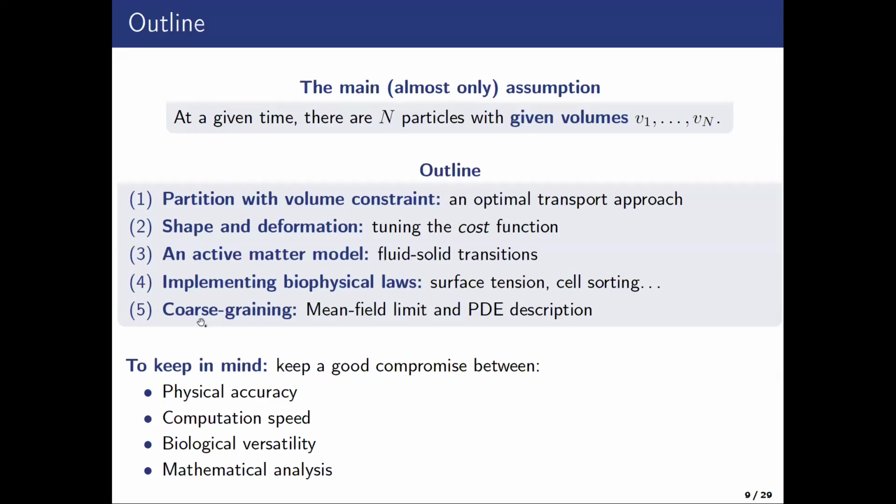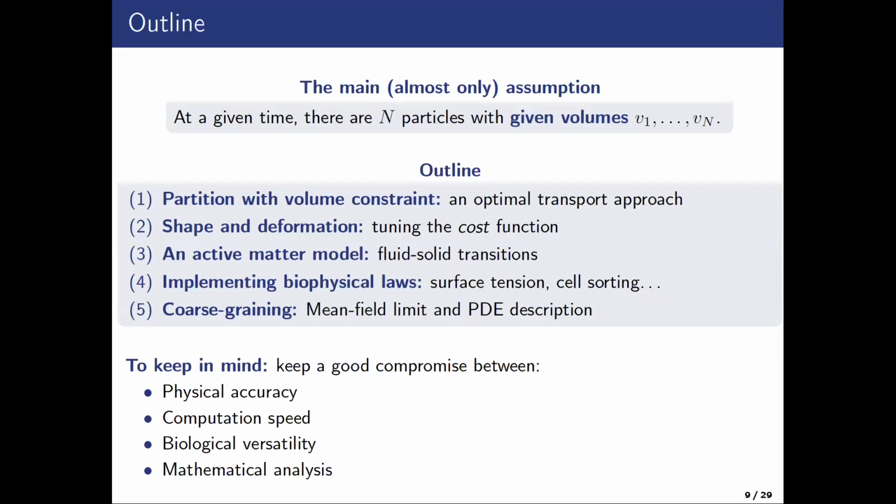And at the very last, because it's my field originally, I would like to discuss, very briefly, some more mathematical ideas: are there links? Is it only a computational model, or can we actually do some mathematical analysis, in particular partial differential equation analysis?